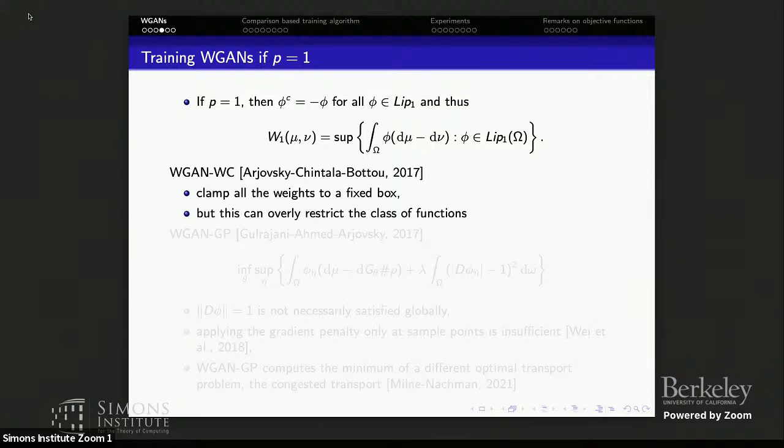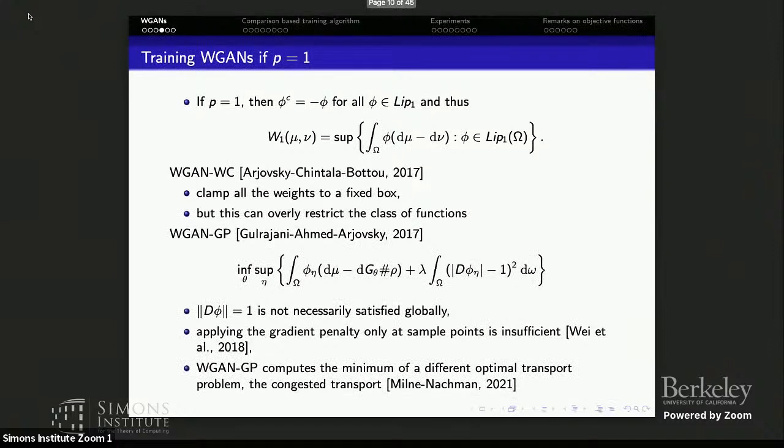They clamp all the weights to a fixed box, so that the only condition we need is that phi is a Lipschitz function. As long as the weight is small enough, we can make it a Lipschitz function. But the problem with this approach is that it can overly restrict the class of functions.